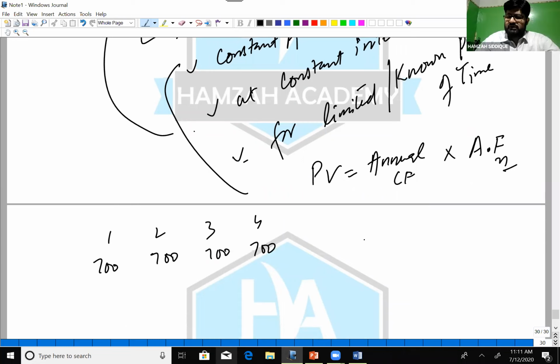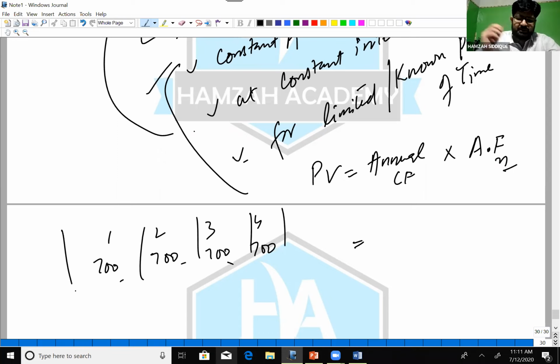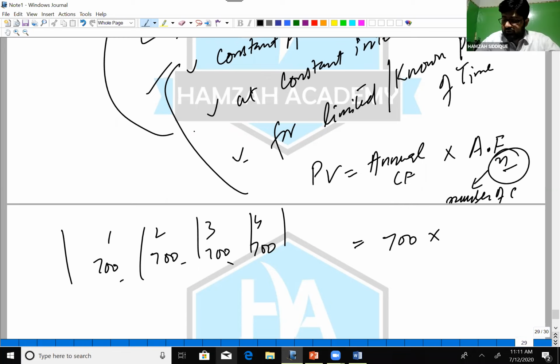So constant amount, same amount at constant interval for a known period of time. 700 cross the 10% annuity factor, and n means, remember, number of cash flows. So four cash flows.